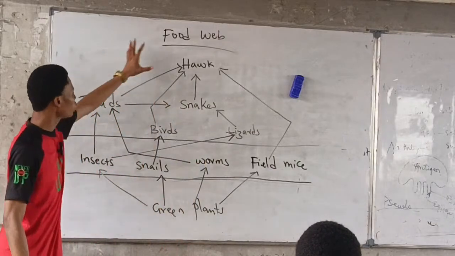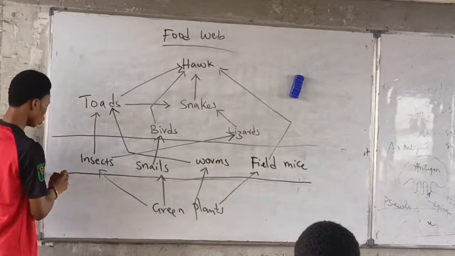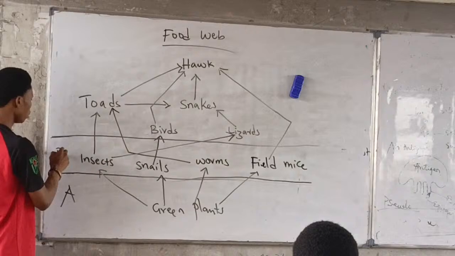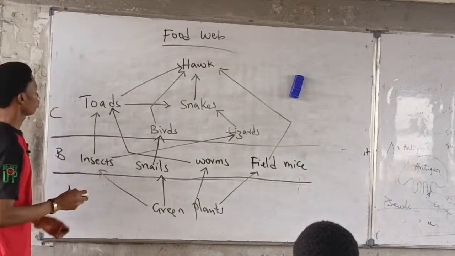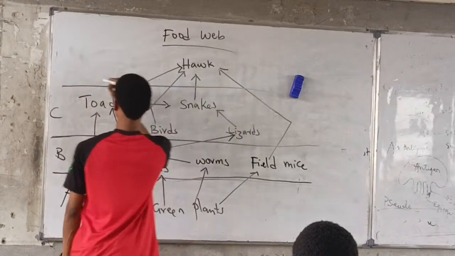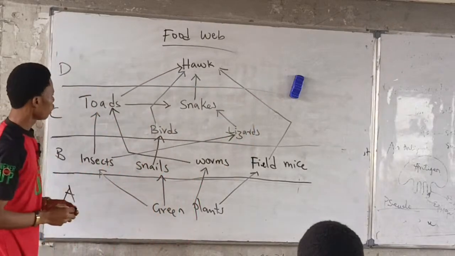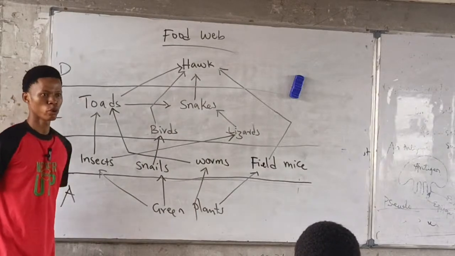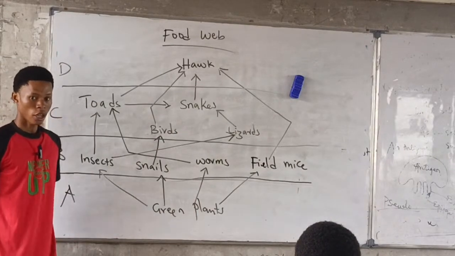Now, if you look at this very well, let me check this demarcation. Let me call here A, B, and C. And D. Now, among A, B, C, and D, where do we have the producers? A, right?